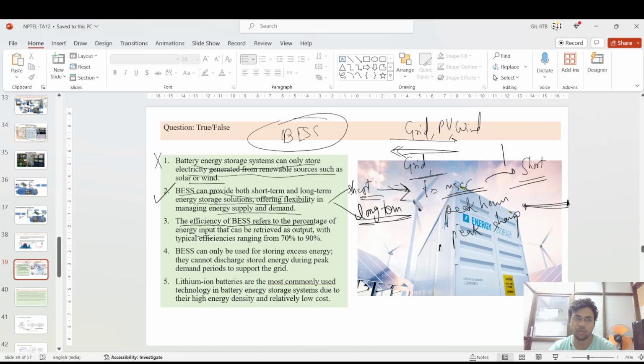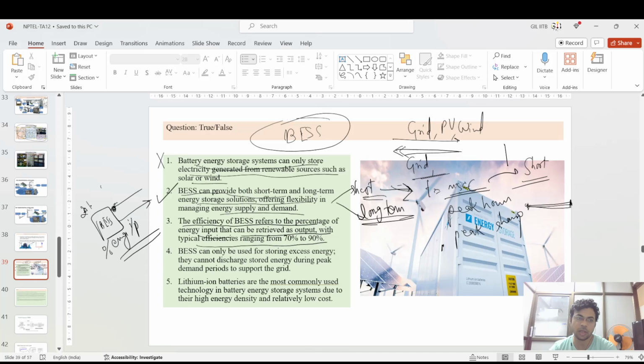Coming to the third part, the efficiency of the BESS refers to the percentage of the energy input that can be retrieved as output, with a typical efficiency ranging from this. BESS is the battery energy storage system. It takes power for charging and gives power during discharge. The percentage of energy input that can be retrieved as output is the efficiency. That is true, no?